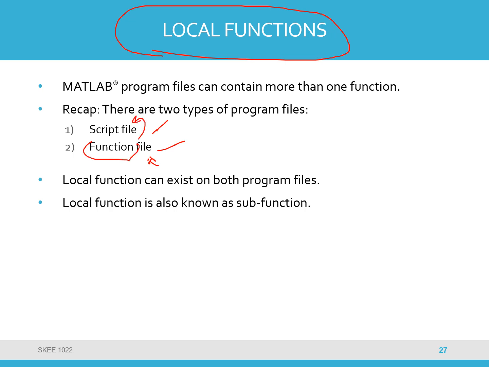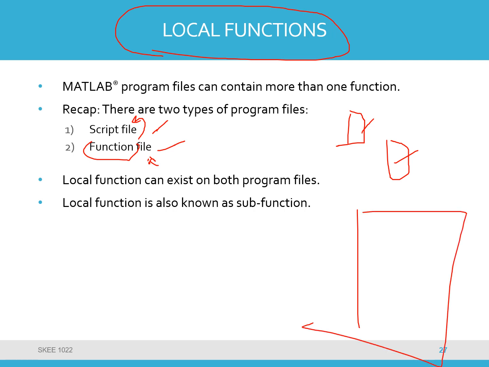So instead of two files, one script and one function, all of your code is in one file. This is your main script, your main program, and you place the function at the bottom. You write the function, and then you write another function here, something like this.